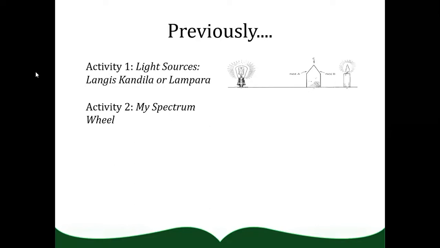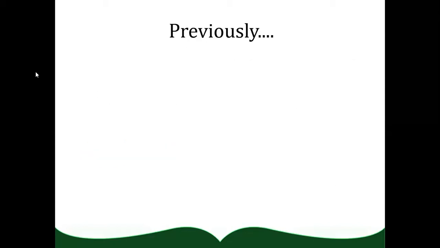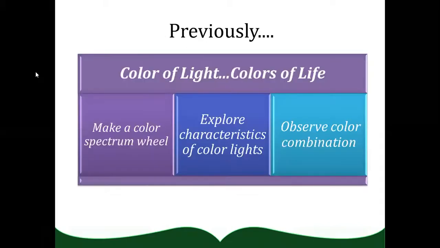When you were in grade 7, you were able to perform activities like My Spectrum Wheel, Colors of Light, Colors of Life, and Light Up Straight. In Colors of Light, Colors of Life, you were able to explore characteristics of color lights and observe color combination.